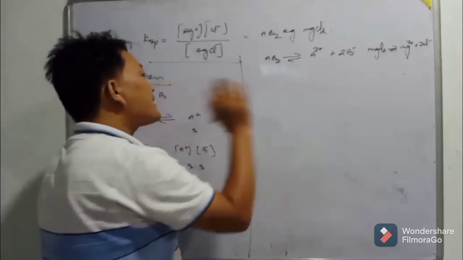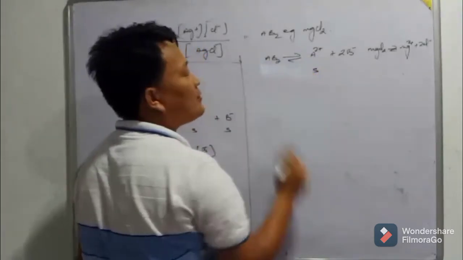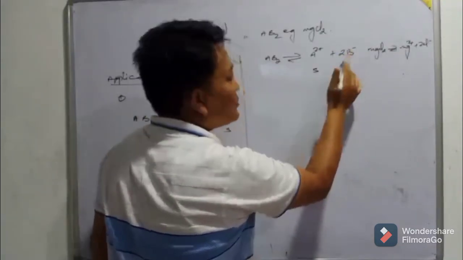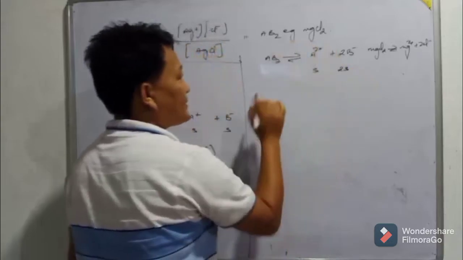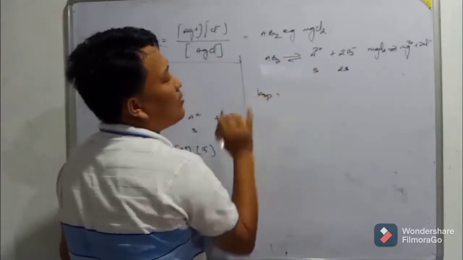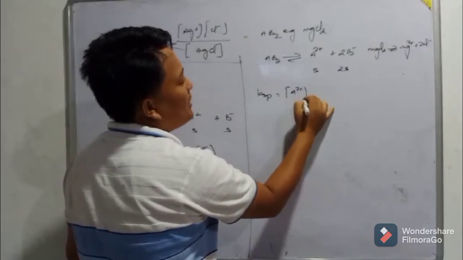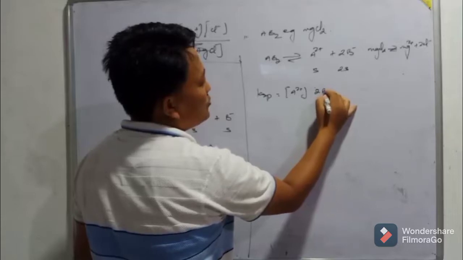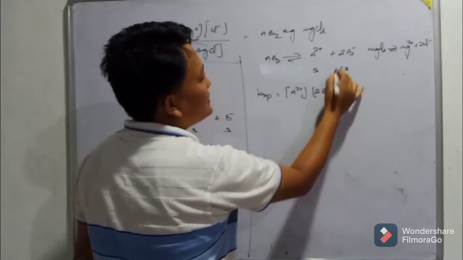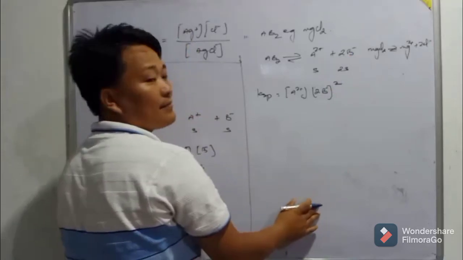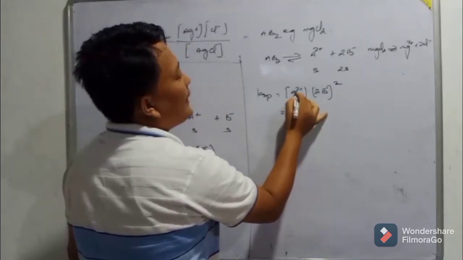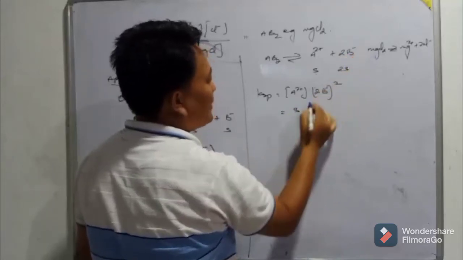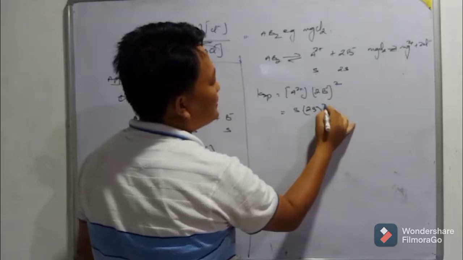So now in this case, the molar solubility of A 2 plus will be S, and the coefficient of B is 2, so we have to write 2S. Then KSP is [A 2 plus][2B minus] squared, which is S into 2S to the power 2.